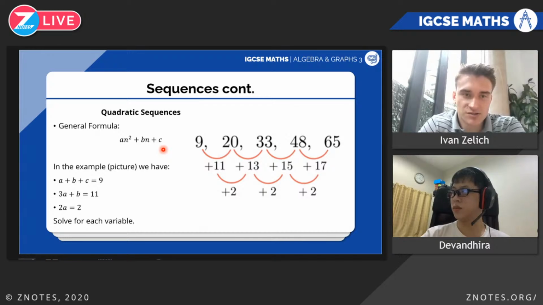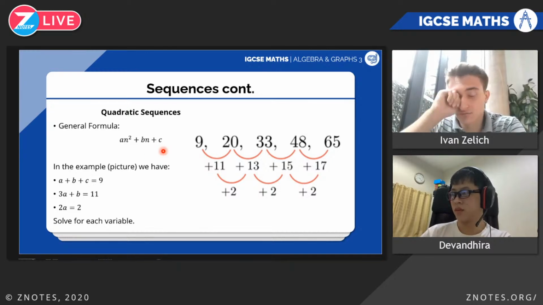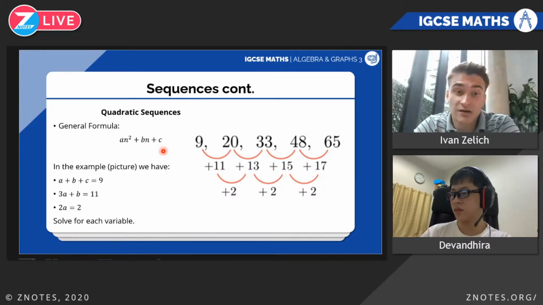Because you have 3 unknowns, you'll need 3 equations, and so 9, 20, and 33 are natural equations to use. You can sub in 1, 2, and 3 in there, and you'll find what a, b, and c are, and now you have the formula for the sequence.